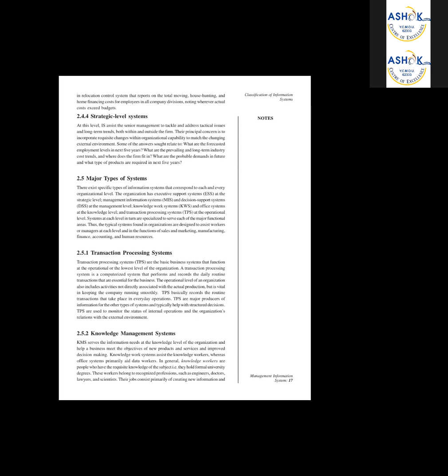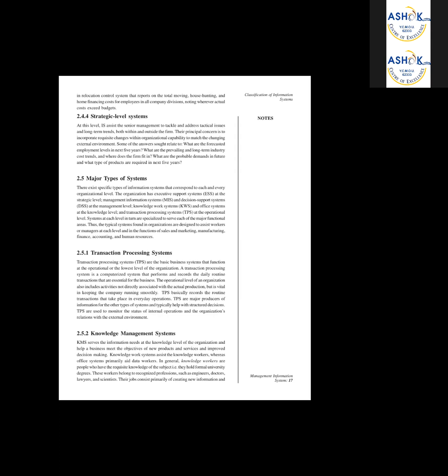First, major types of systems: there exist specific types of information systems that correspond to each and every organizational level. The executive support system at the strategic level, management information system and decision support system at the management level, knowledge work system and office system at the knowledge level, and transaction processing system at the operational level.